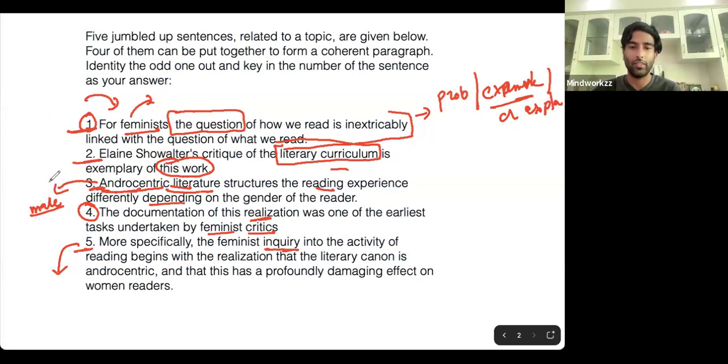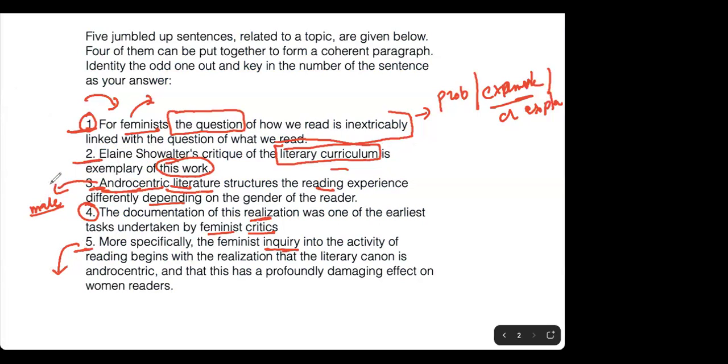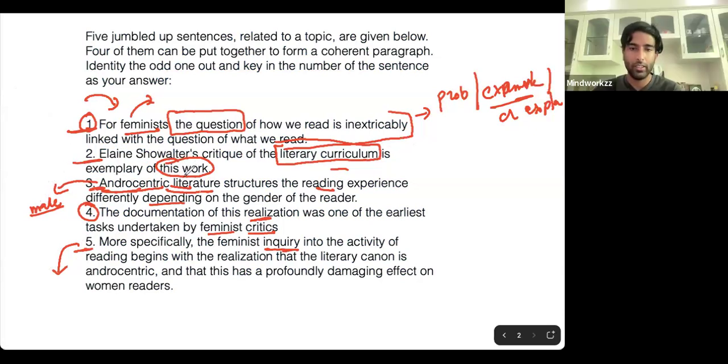What is it trying to say? It's some kind of explanation or example, right? Because we are talking about some criticism of the literary curriculum, so this is an example. You guys said that correctly, okay? I'll come to sentence 3 a little later, after sentence 4.